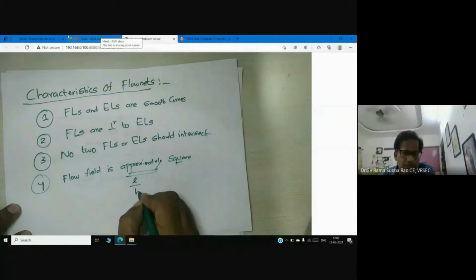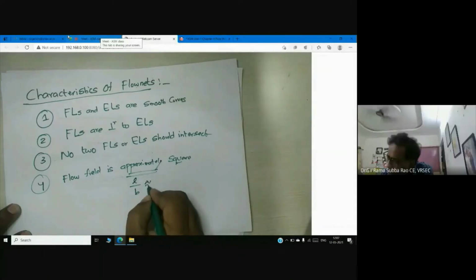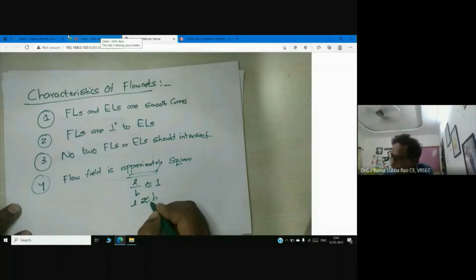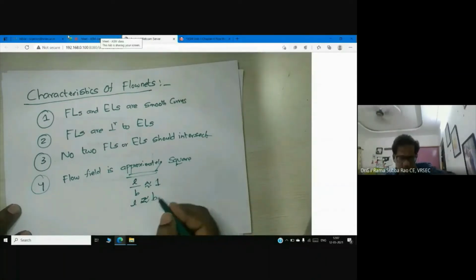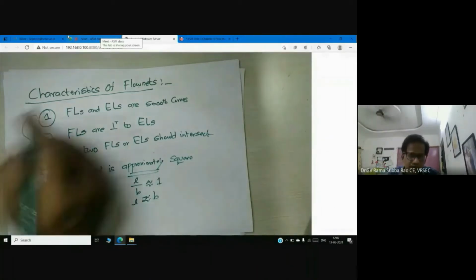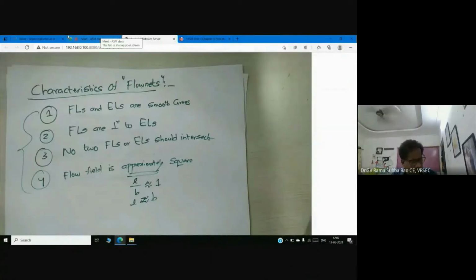L is approximately B. So we should keep these points in mind while we are drawing a flow net. When you are constructing a flow net, please keep these points in mind.